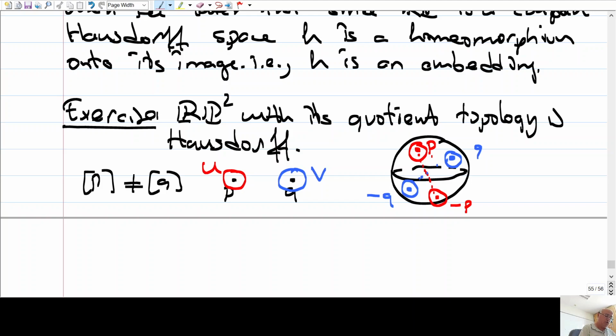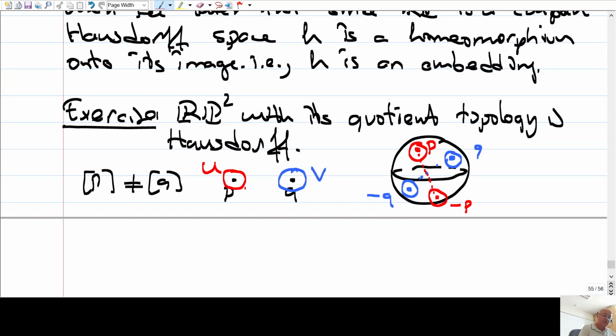So the balls around P and minus P are such that one of them is obtained from the other by multiplying by -1. And the same thing for the blue balls. Since on the sphere they can be chosen disjoint, their images under the projection map in RP2 will be disjoint.